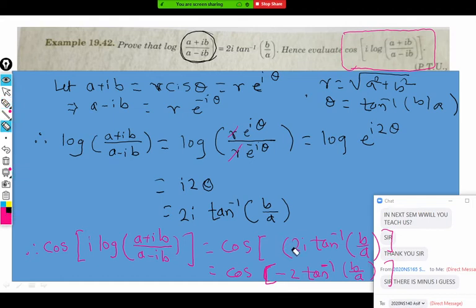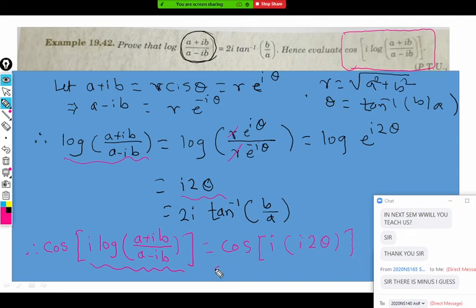So here I will rewrite it in a slightly different way. Why am I writing in theta form? Because it looks a little simpler. This value of log I will replace as i 2 theta. This iota is already there as it is, and that becomes cos of minus 2 theta, and that is cos 2 theta.